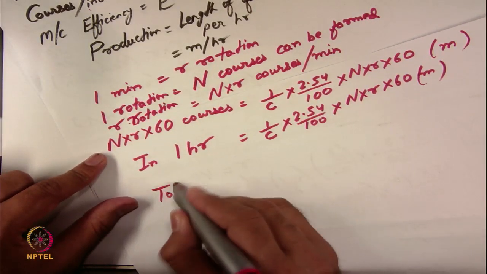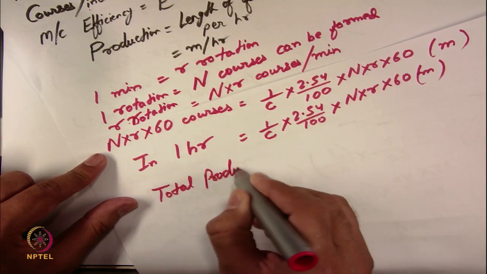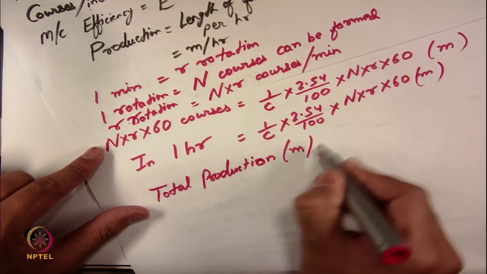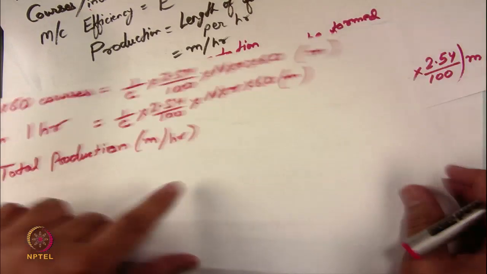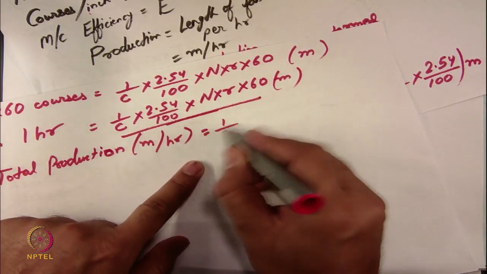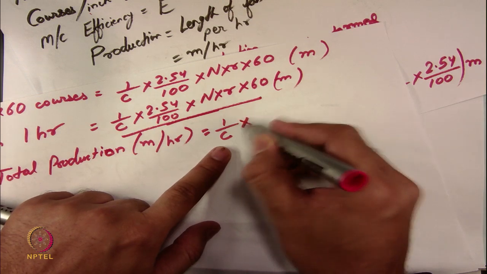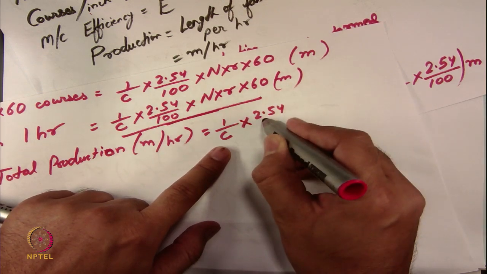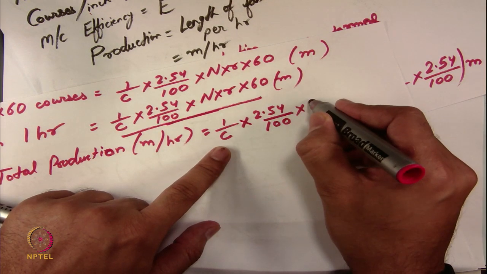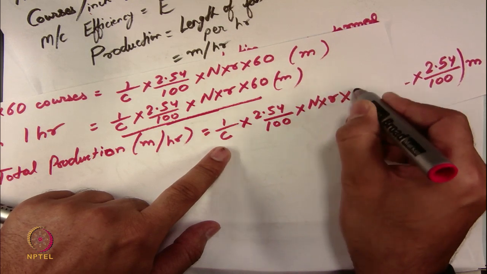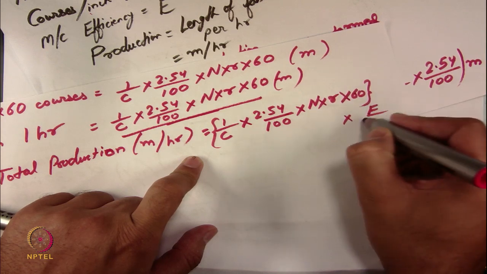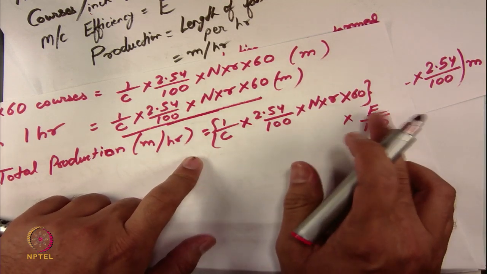The total production in meter per hour is equal to 1 by C into 2.54 divided by 100 into N into R into 60, multiplied by efficiency E by 100, because efficiency is given in percentage.